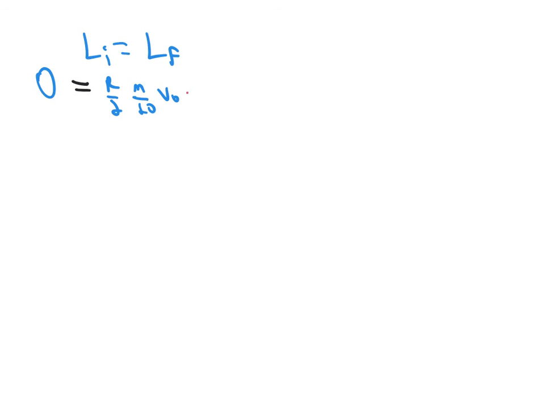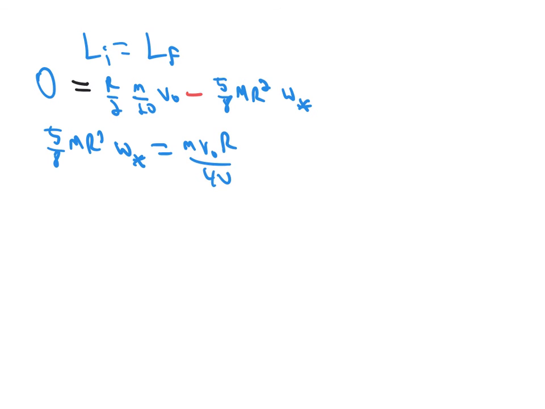And then we have, of course, a minus sign because they're going in other directions. And then I omega, but we just found that I is 5/8 m r squared times the new omega. So 5/8 m r squared times the new omega is m v0 r over 40.